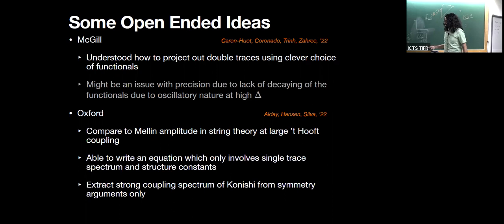Now this is very good because the strong coupling spectrum of Konishi, or the spectrum in any case of single trace operators, is very well understood with integrability, so it might be a way as well. The only drawback probably in this case is that they are able to do it only at strong coupling. So it's an open question to generalize it to finite coupling.